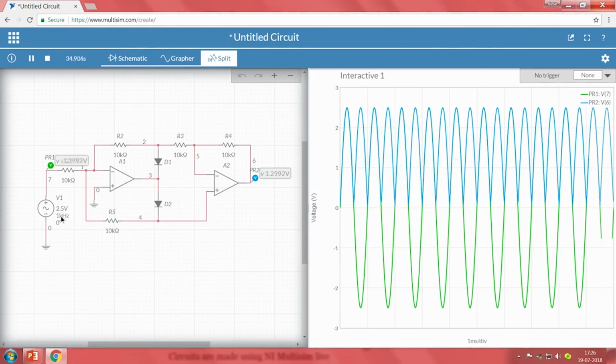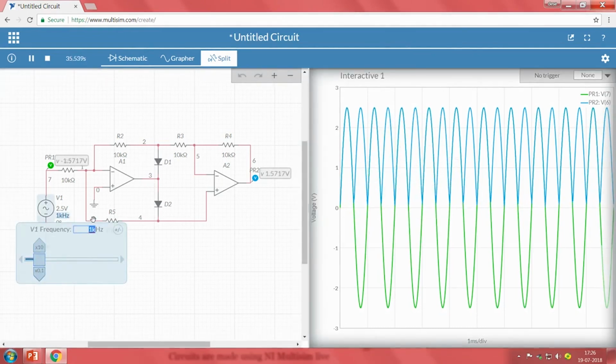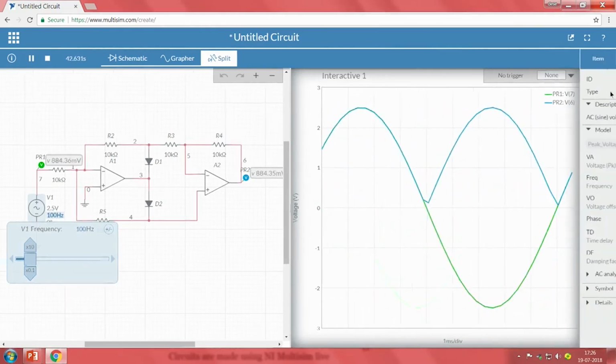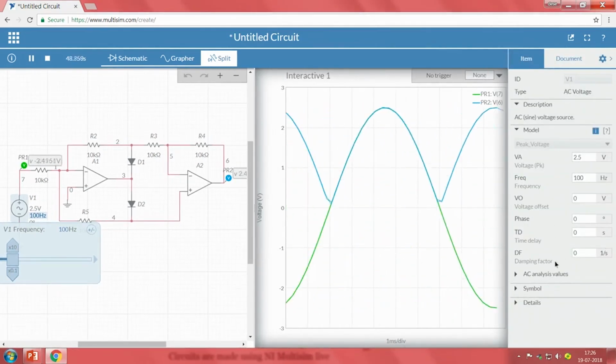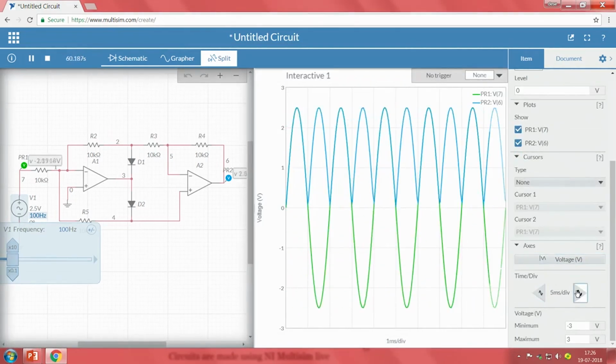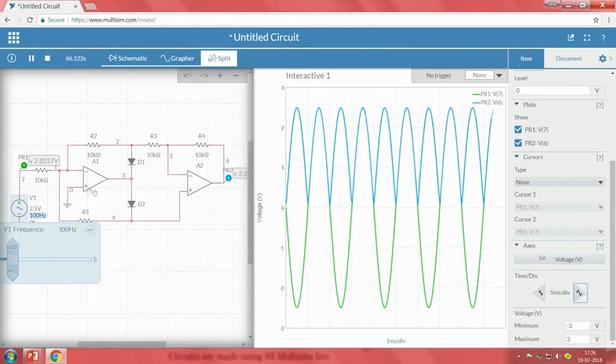So, let me change some frequencies. I will start with 100 Hz. To realize it, I will change the time divisions, and even then we can see the same.